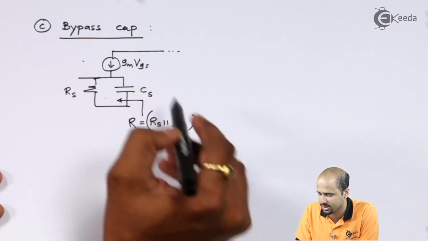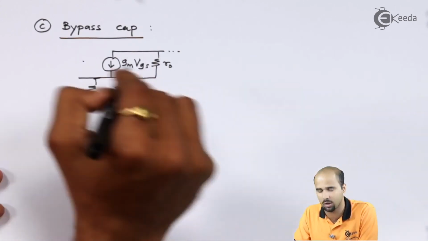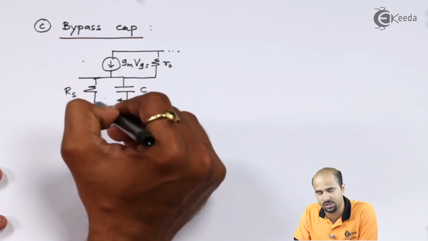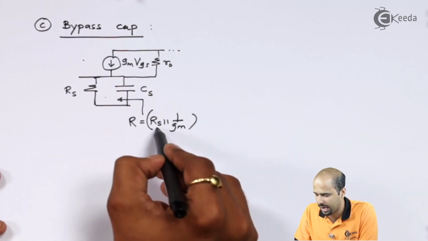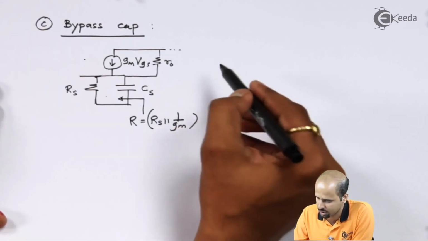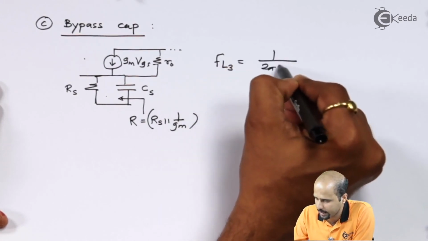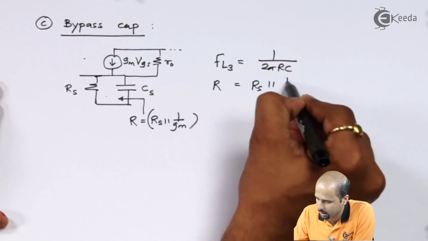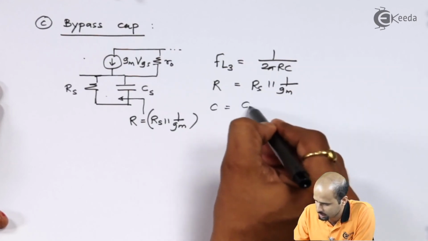This is nothing but your RS, because this resistance also becomes a part of this transistor's circuit. So the current is flowing into this source resistance, and the value of R will become RS parallel 1 upon GM, and you just have to put this value of R. That was the crucial part, and the rest of the things are very simple. 1 upon 2 pi RC, with R as RS parallel 1 upon GM, right? And C is nothing but CS.